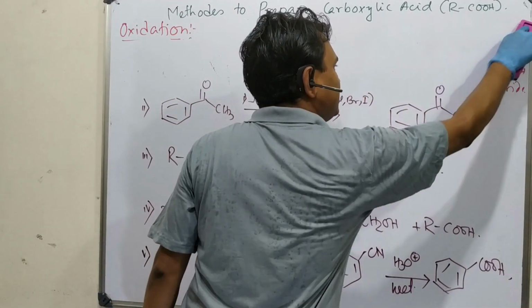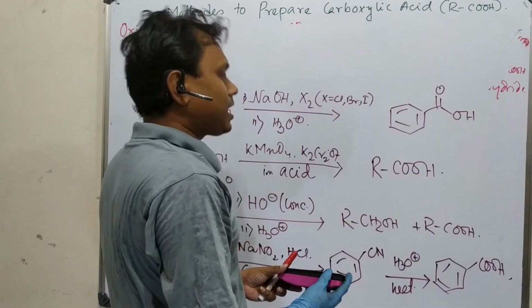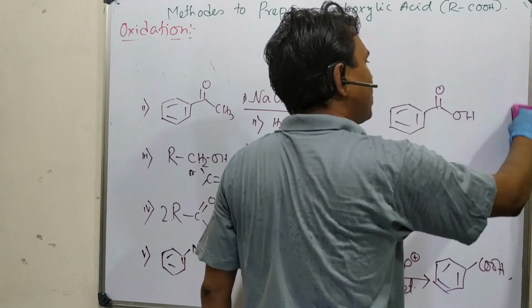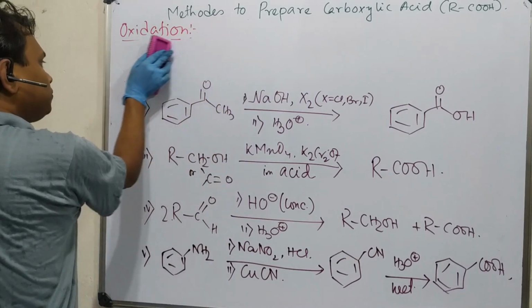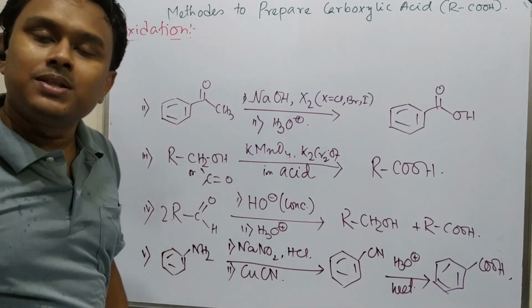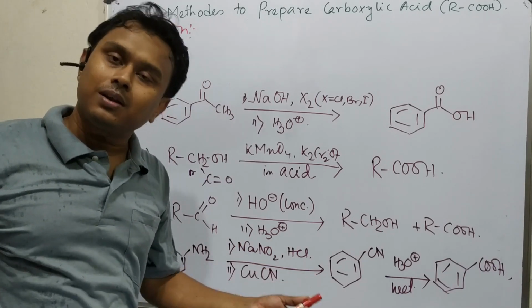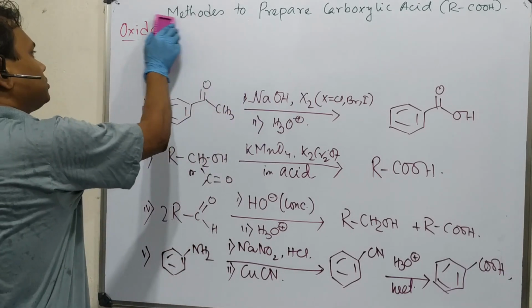In this context I want to mention that you need to have more than benzene. But if you take only benzene and perform the oxidation, benzene will be oxidized to prepare a dicarboxylic acid. So that is also possible.